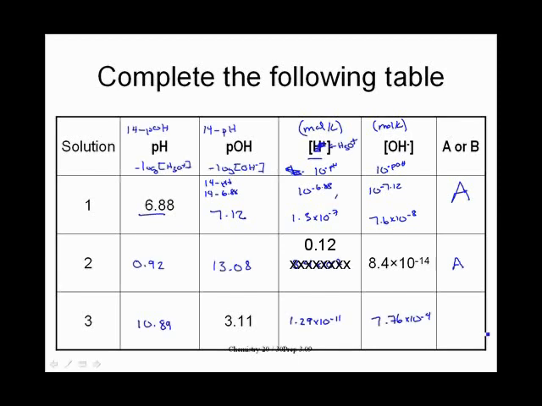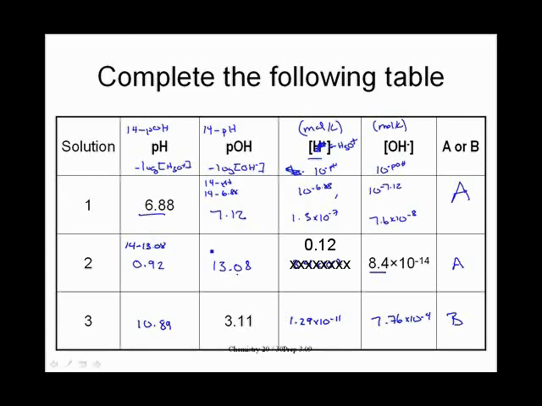So here are the answers. This last compound is a base. And I'll just give you a quick rundown of how I got the answers. From my 8.4, I was able to calculate the pOH to be 13.08. I then used 14 minus the 13.08 to get my 0.92.